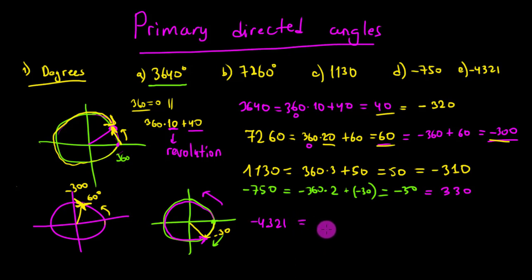I think it will make 12 revolutions, plus minus 1 degree, so it will be minus 1. So minus 1 would be equal to 59 degrees. They're all similar, they're all equal.